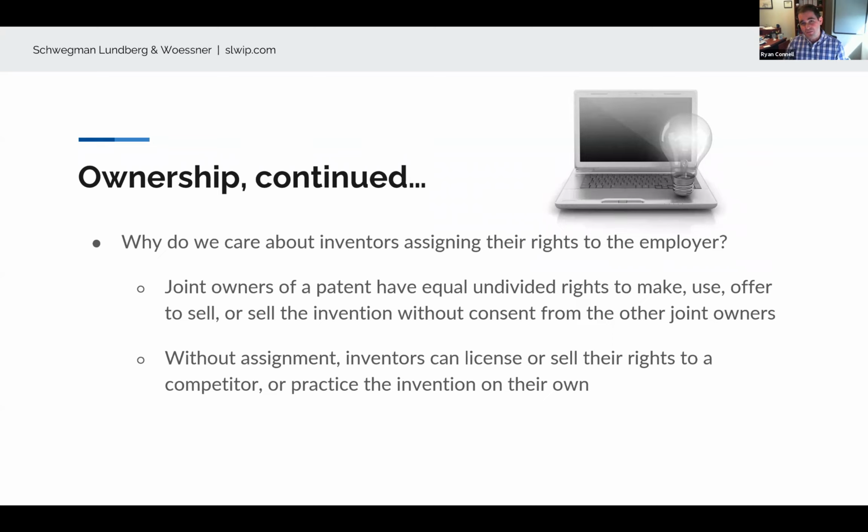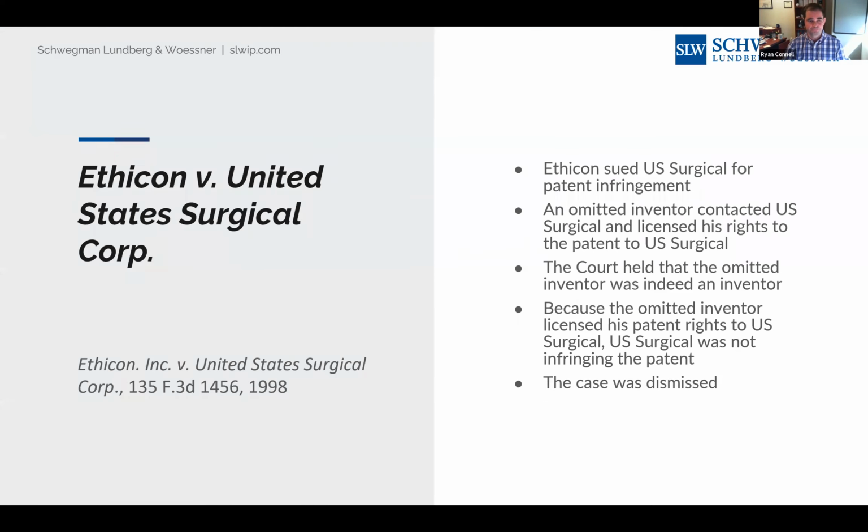And it's also something that if you're acquiring a patent or a portfolio, you want to make sure that everything's tied up, and that every inventor has assigned their rights in the patent to that company, and that there isn't that possibility for someone to go rogue, if you will.